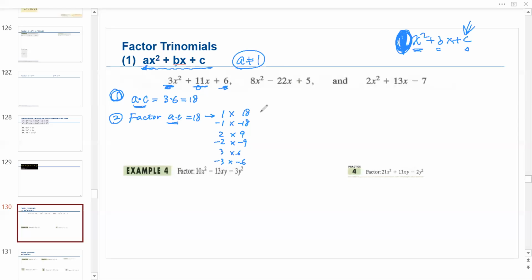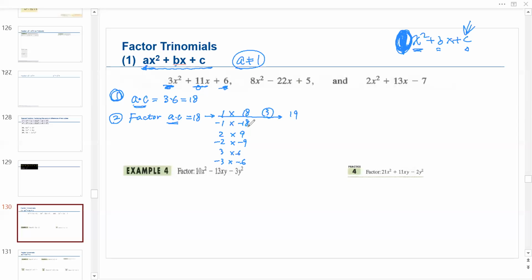And then the third step, find the sum of them. Sum here is 19. A little bit familiar, right? Earlier, we factored c, found pairs of factors, found the sum of them and tried to match to b.